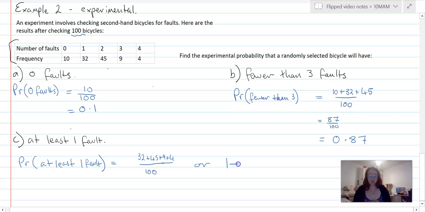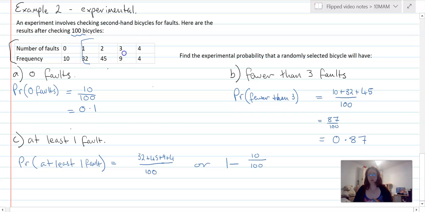or we can write it as 1 minus 10 over 100, right? Because remember that our probabilities are what we call complementary. So it's one event and the other event, when added together, if that's every possible outcome, are going to be 1.